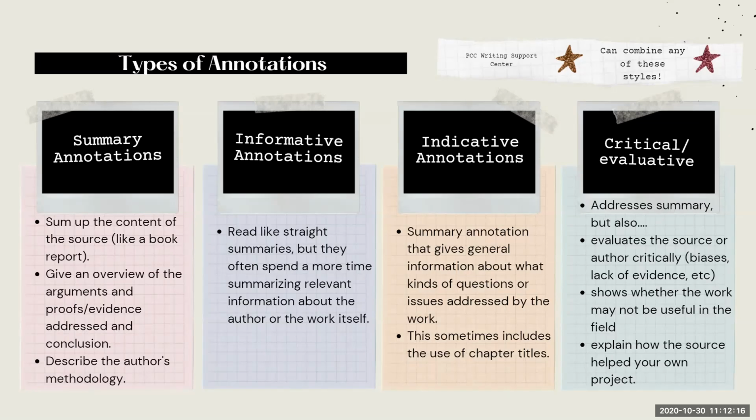So you address any biases, if there was any lack of evidence, how well the author supported their argument, whether there was anything missing, etc. So you're actually going a little deeper and providing an analysis of the source and whether or not the source was useful. And you also explain how the source helped your own project. So you mention how you use the source in your essay.